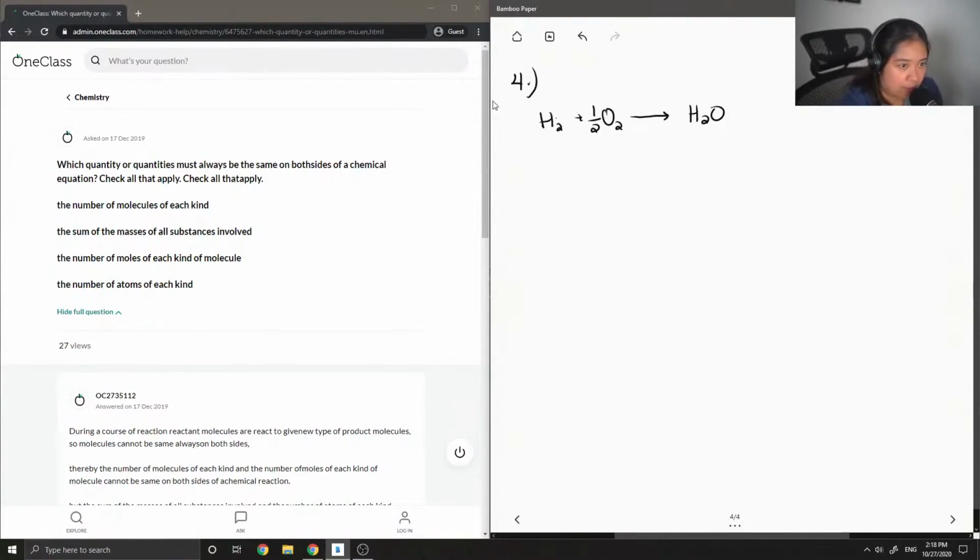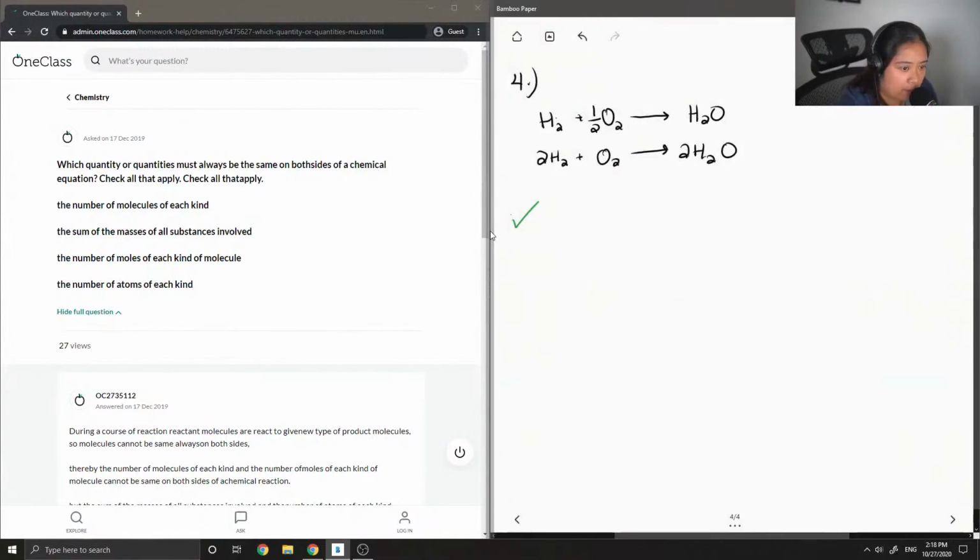Let me simplify this. So let's multiply everything by 2. The sum of the masses of all substances involved. So this is actually right. And that's just due to the law of conservation of mass.